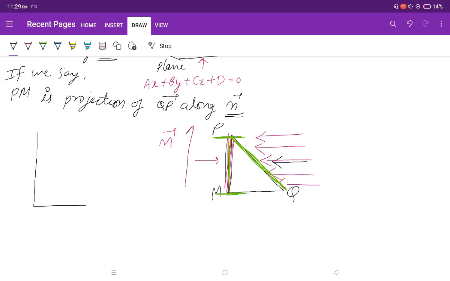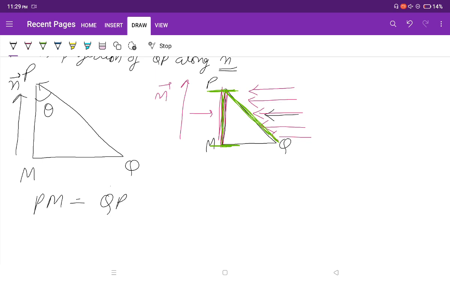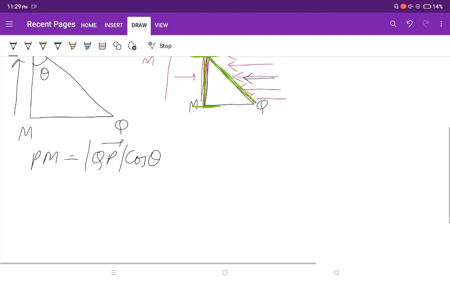So we have this P, M and Q. We have QP vector, we have n vector, and suppose this is theta. So we have PM equals QP vector's magnitude into cos theta. Now we can calculate cos theta using the dot product.